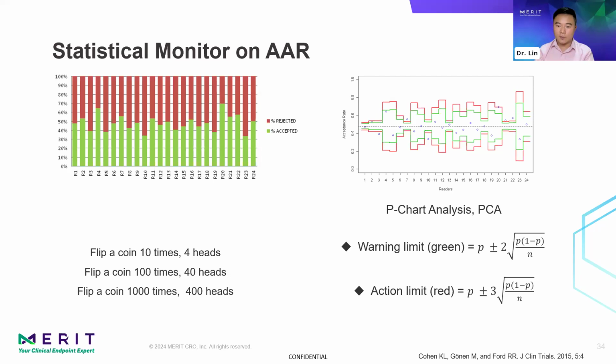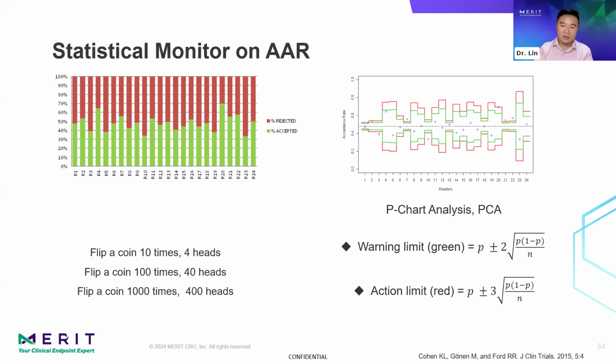And what if we flip the coin 100 times and get 40 heads? Well, the likelihood that the coin is fair decreases. And if we flip it 1,000 times and get 400 heads, we can be quite confident in rejecting the hypothesis that the coin is fair.